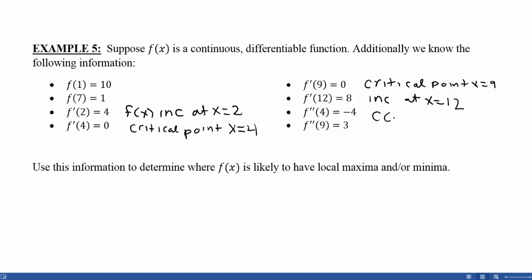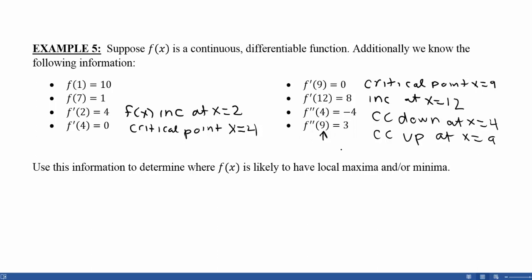So I am concave down at x equals 4. And then I have that the second derivative at 9 equals 3. So if the second derivative is positive at a point, then I'm going to be concave up at x equals 9. So again, it's at 9 because 9 is the independent value that's plugged in here.